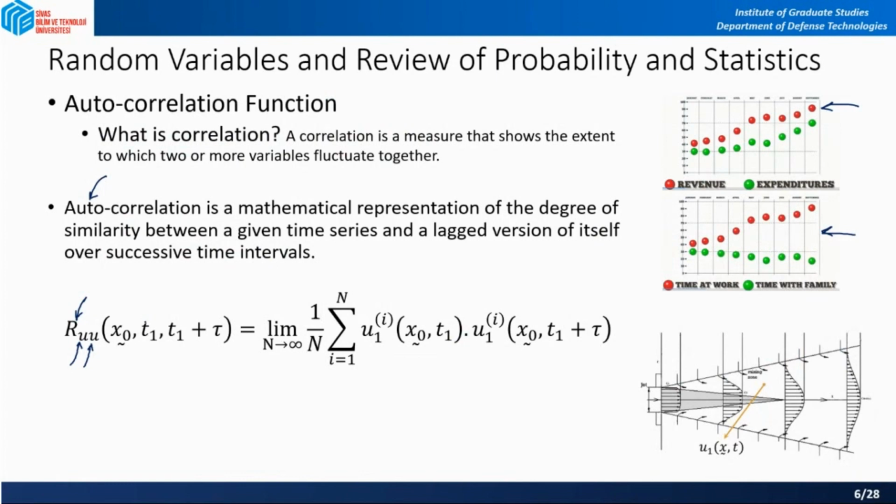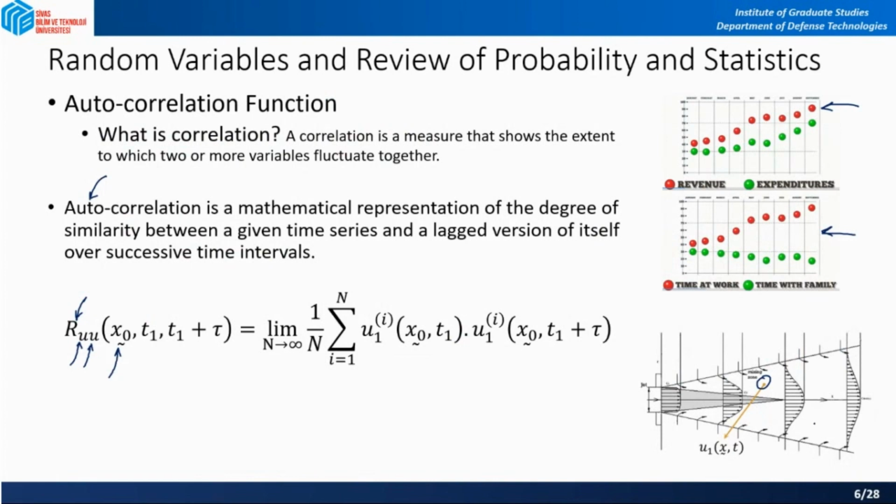So at point x0 again, it has a value. You can determine the value by this formula. If you go from this point to another point, it can have a different value.